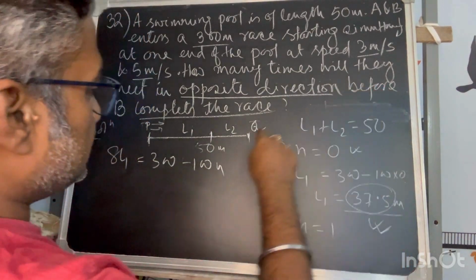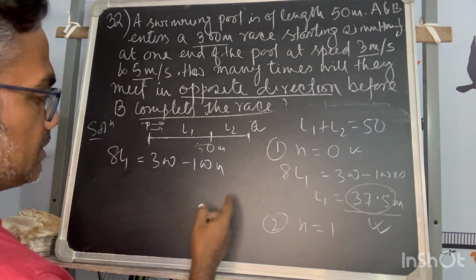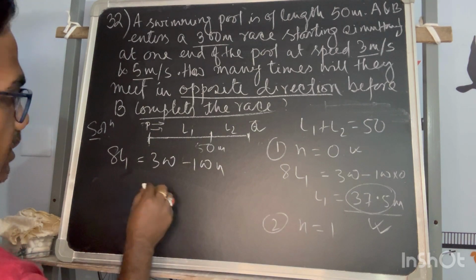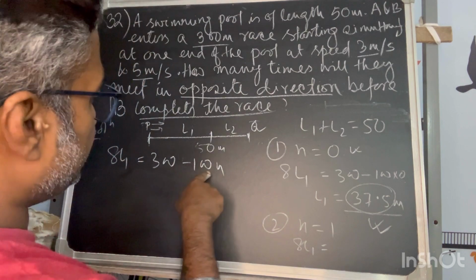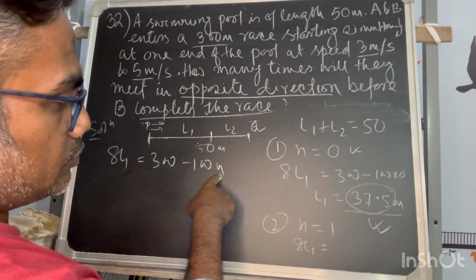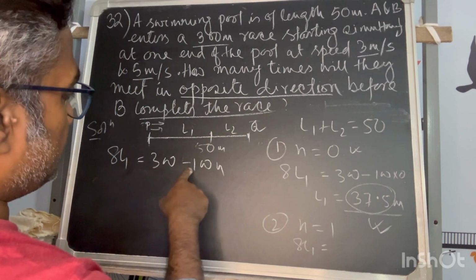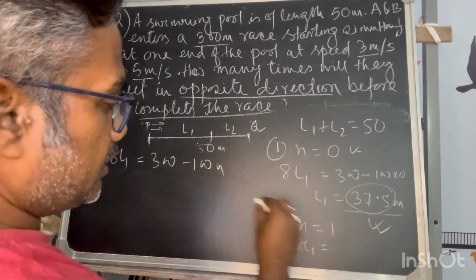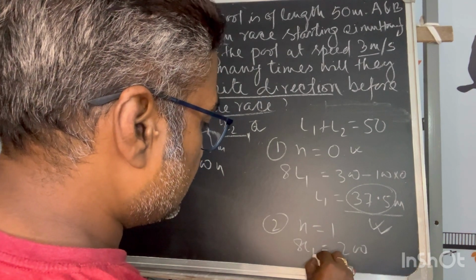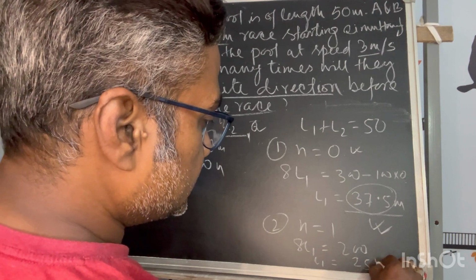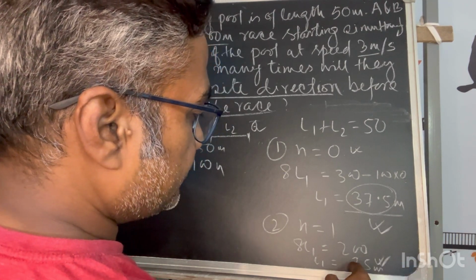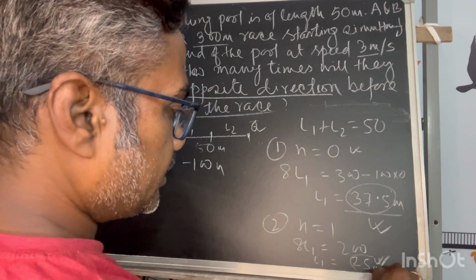In this case, they will meet in opposite directions. Is that giving the real solution? Now 8L1 in this case will be 300 minus 100, which is equal to 200. So 8L1 is 200, L1 is equal to 25. So this is again less than 50. So this is well taken.